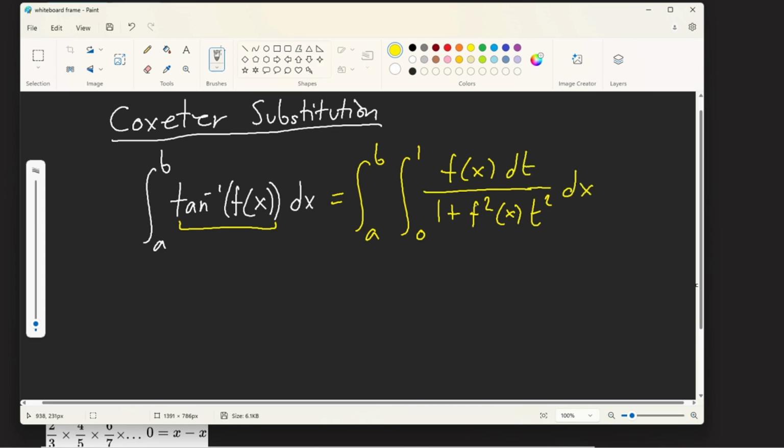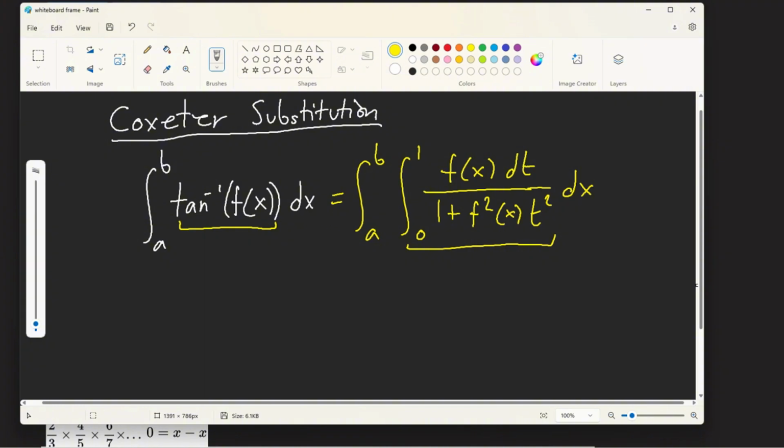This whole portion here is inverse tangent of f of x. And so that's what you would turn that into, and then you interchange the integrals, simplify it to solve it easier, and then solve for dt. So it's similar to Ahmed's substitution, just a different inverse arctangent substitution.